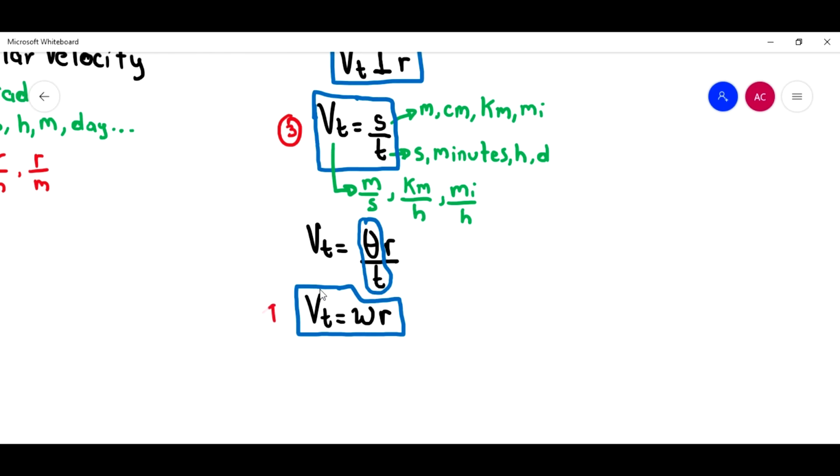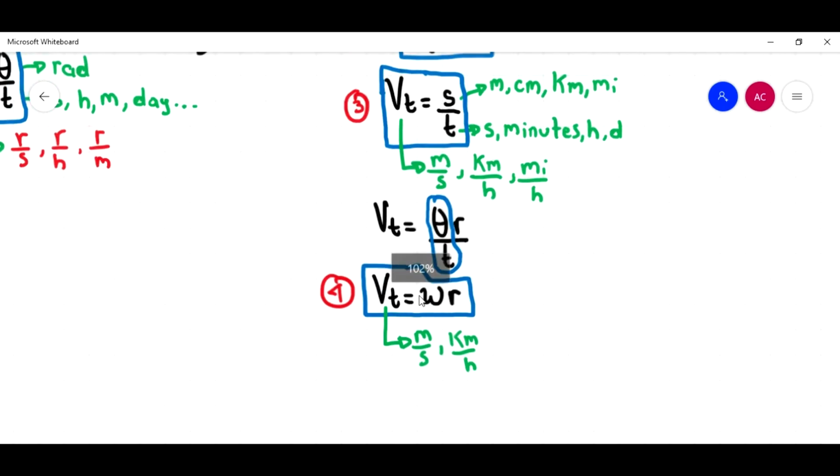This is the formula that we're going to see, and remember that the units are going to be exactly the same. It could be meters per second or kilometers per hour, it's up to you, because it's a linear velocity.